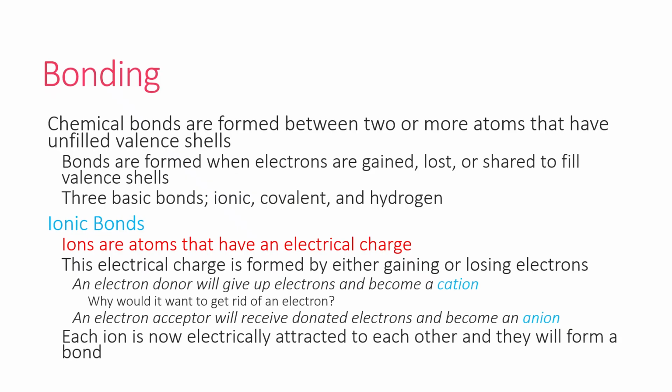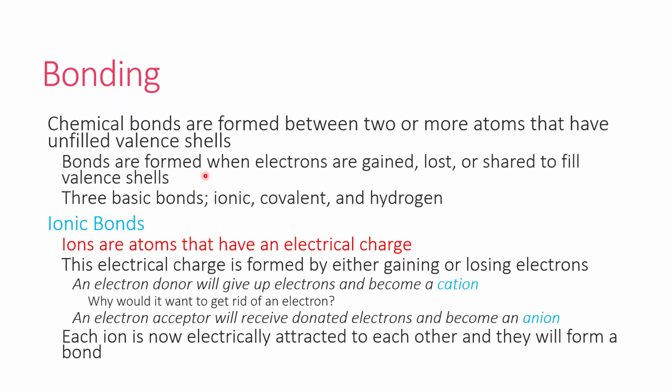This idea of valence shells leads directly to chemical bonding. Chemical bonds are going to be formed between two or more atoms that have unfilled valence shells. I should have highlighted this one here: bonds are formed when electrons are gained, lost, or shared to fill the valence shells.